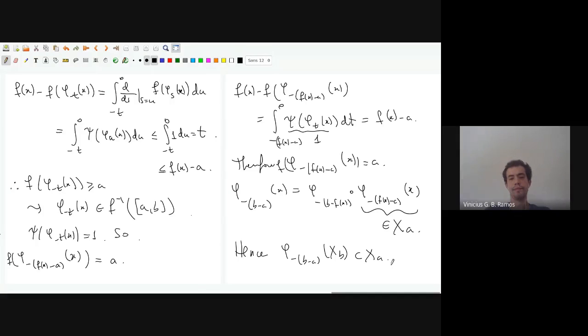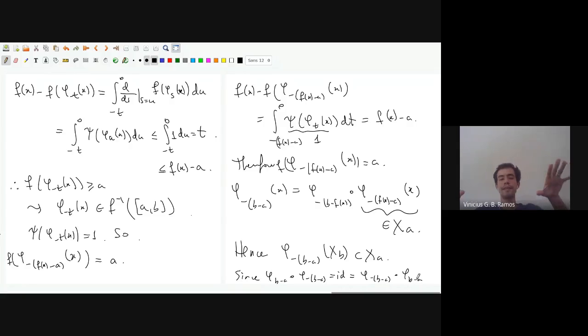Okay, so since phi of b minus a composed with phi of minus b minus a equals the identity, and that also equals phi of minus b minus a composed with phi of b minus a, we have the desired result. Okay, so we have two sets.